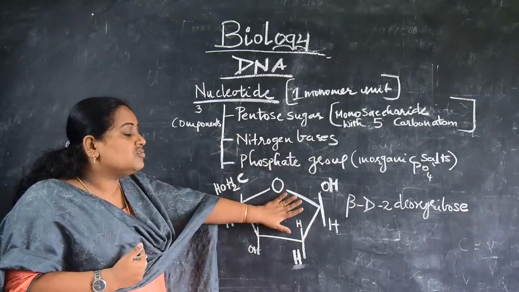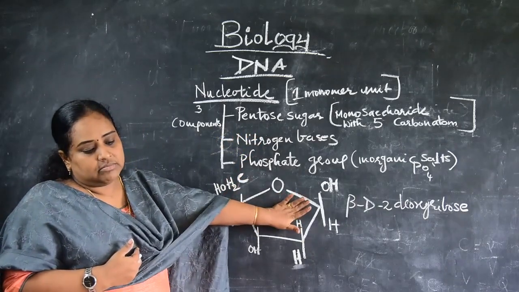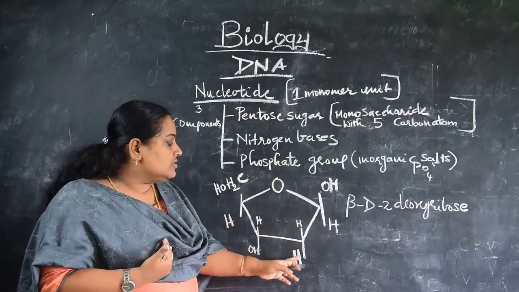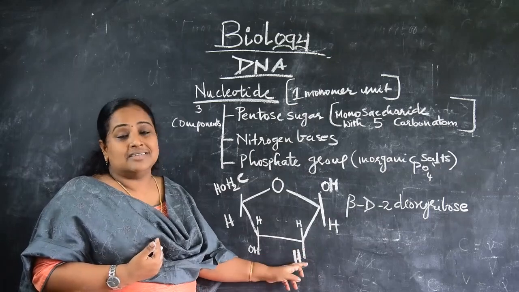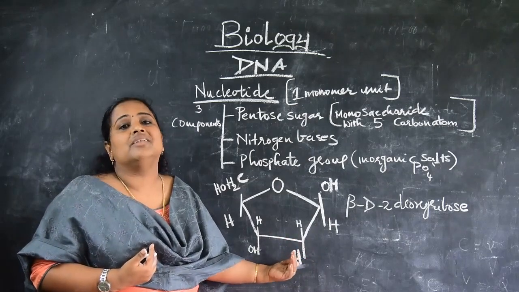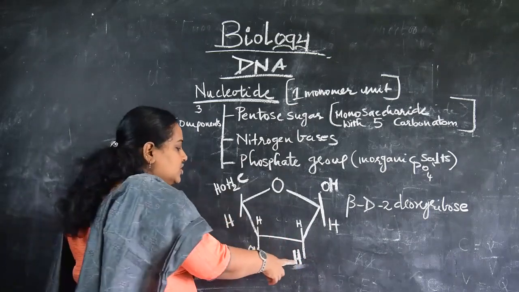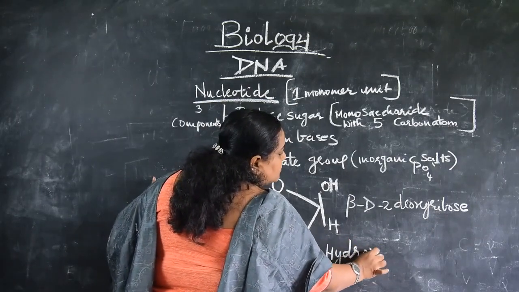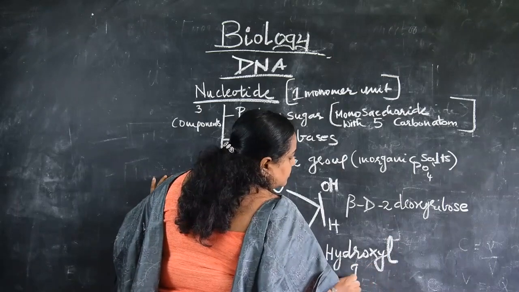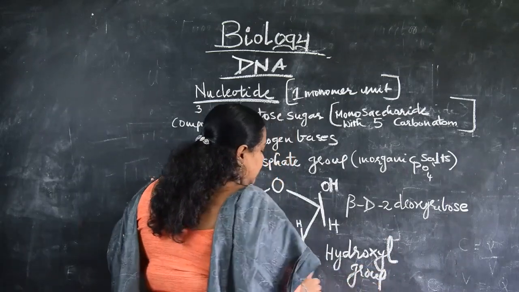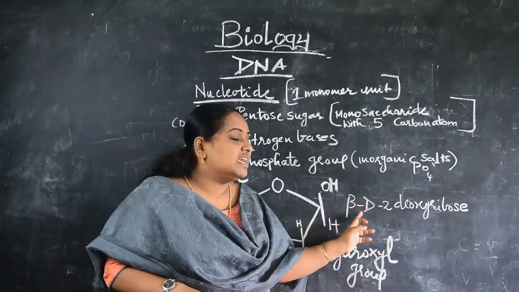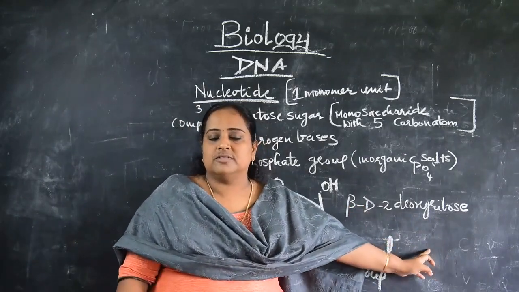So this is the structure of deoxyribose sugar. Why? Because the OH group here is replaced by an H. That is why it is beta-D-2-deoxyribose.